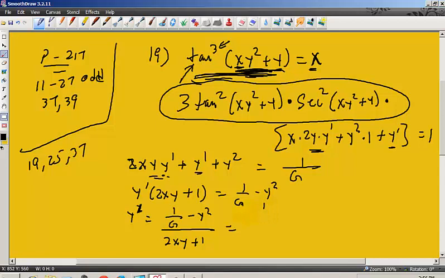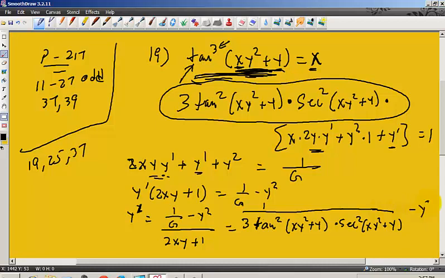Like I said, we've got to bring the garbage back in, which is going to go 3 tangent squared of x y squared plus y times secant squared x y squared plus y, and then minus y squared, all that over 2xy plus 1, and that's my y prime.